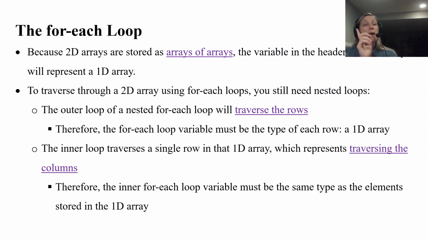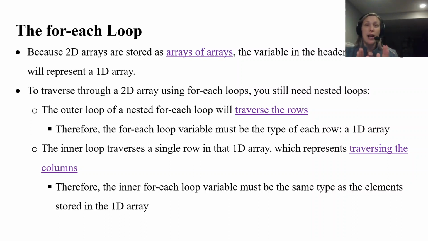Okay. Remember that for each loops do not use indices. No indices, no i's, no k's, no indexes at all. And just like arrays, we cannot modify elements in a for each loop because a for each loop technically uses local variables to handle 2D array elements. So remember this nested for each loop syntax that I'm going to show you, it traverses a two-dimensional array perfectly.